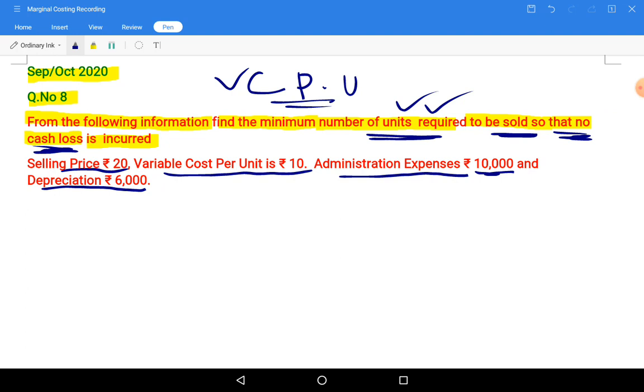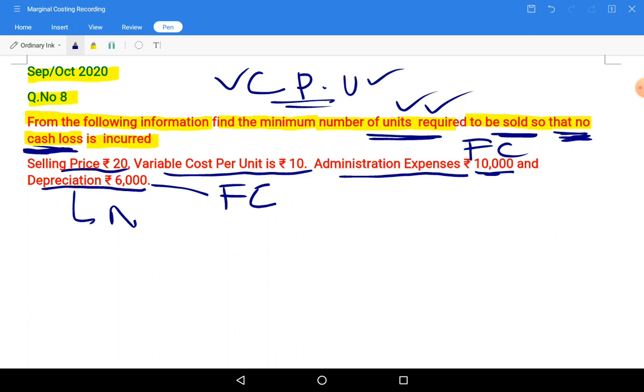Administration expenses are fixed expenses or fixed cost, you can say. Depreciation is also fixed cost. To find BEP, fixed cost divided by contribution per unit, you will get the answer. But he is asking no cash loss.